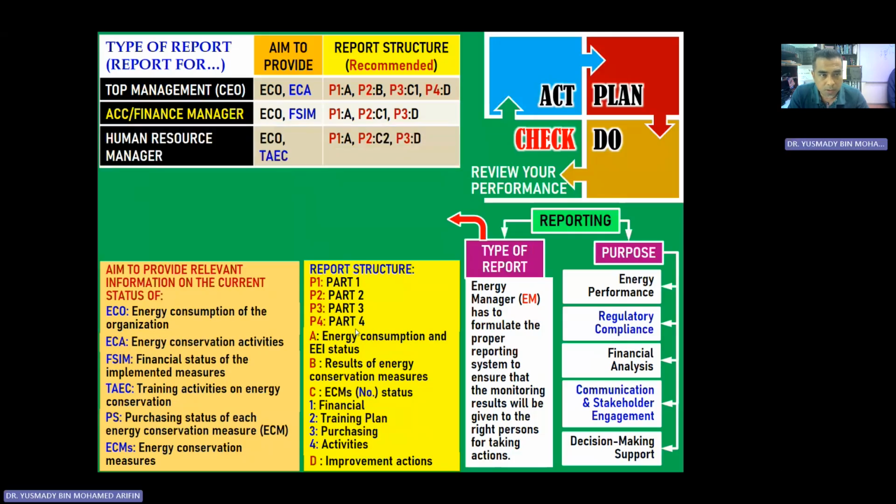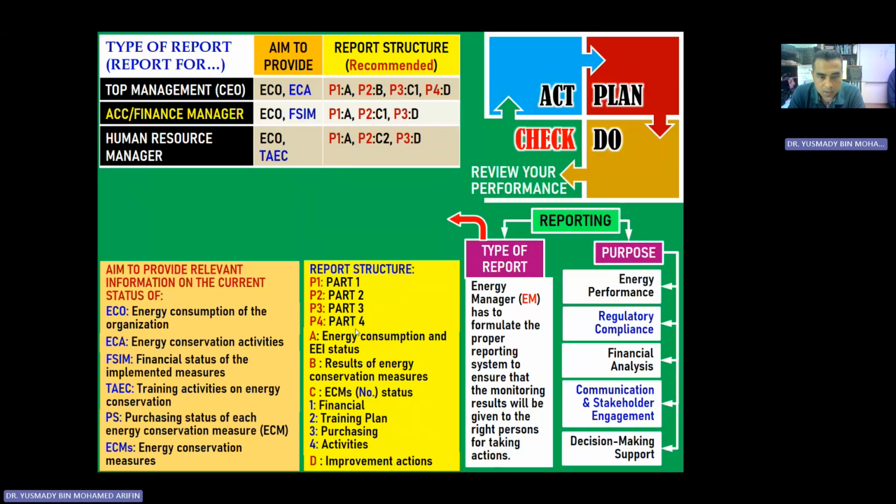For the human resource manager, we need to provide them the information in terms of energy consumption of the organization, and also TAEC in terms of training activities on energy consumption. So the content of the report consists of 3 parts.